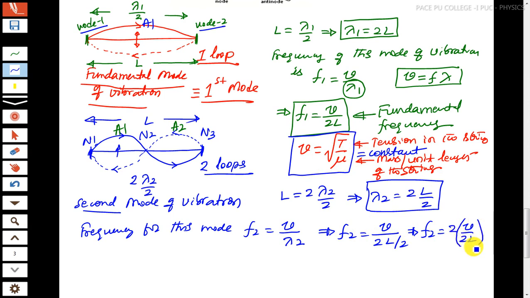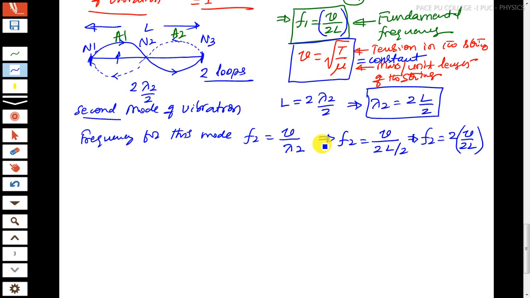And observe this bracket: V divided by 2L is F1. So what can I write for this? F2 is 2 times F1. So we got the first mode frequency here, and the second mode frequency here, which is 2 times F1.